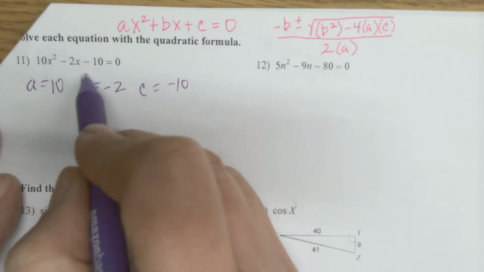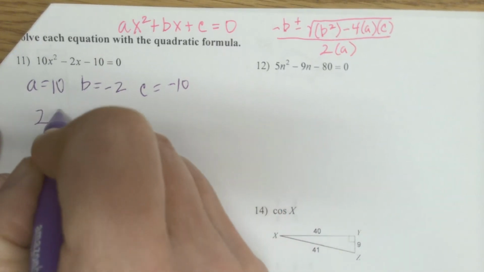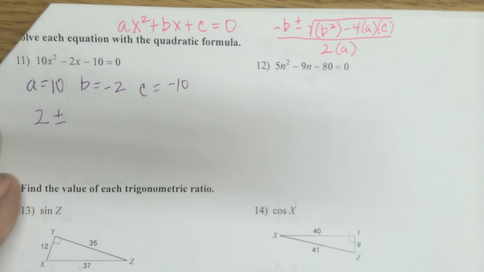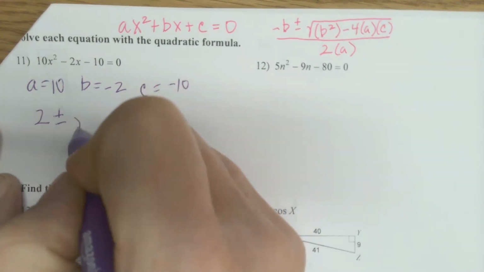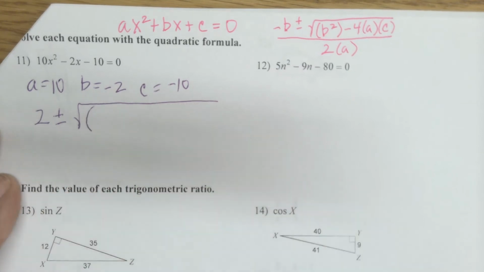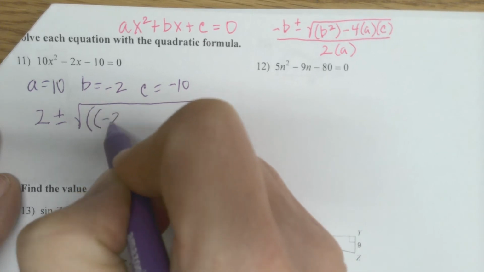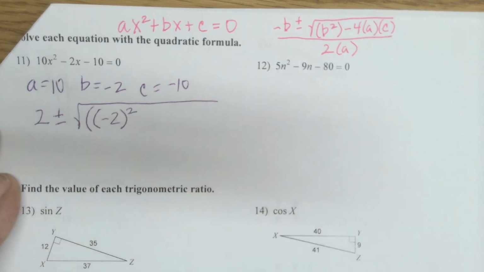So this is what we're going to be plugging in or using in our calculator. I have to do the opposite of b, so this is -2, I make it +2, plus or minus the square root of, on most of our calculators, a parenthesis comes right away when you hit the square root. But we have to do another parenthesis to put -2 in then and square it.